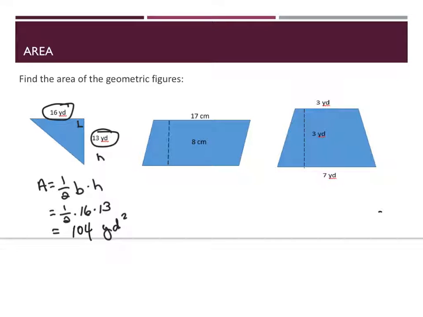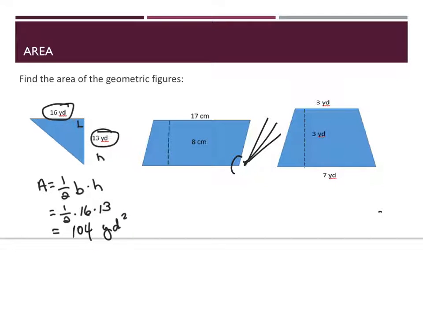This next figure is a parallelogram. A parallelogram looks like a rectangle that doesn't have right angles in the corner, so it's kind of like the state of Tennessee, but maybe more or less dramatic because these sides are slanted, meaning they could slant more or they could slant less.